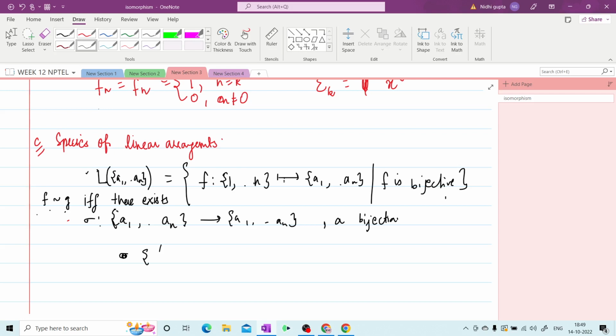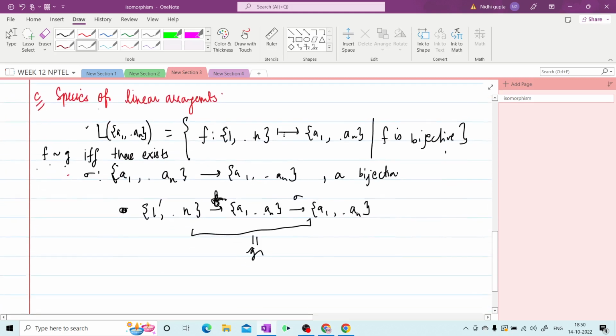if we look at this function from 1 to n to a1 to an, and this function, so this is f, we want that this function should be equal to g, so we want to construct g.